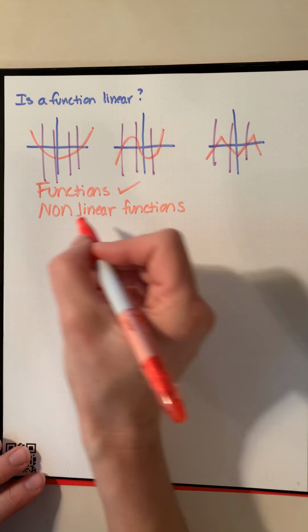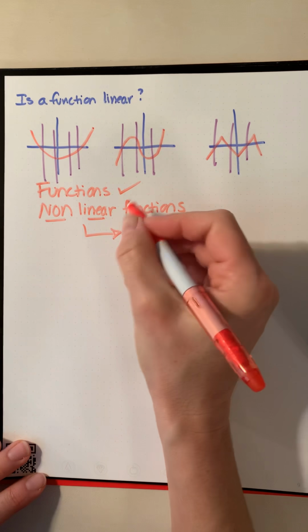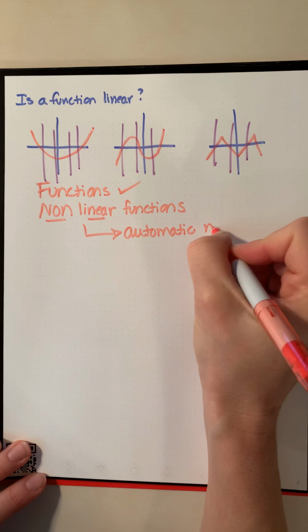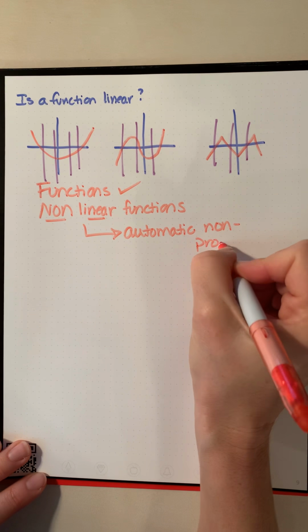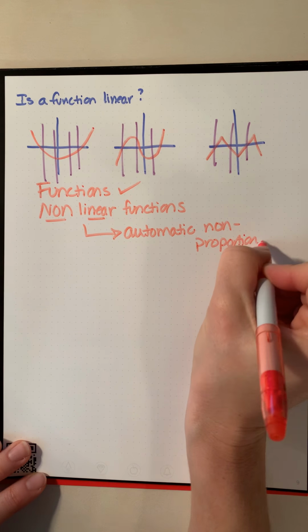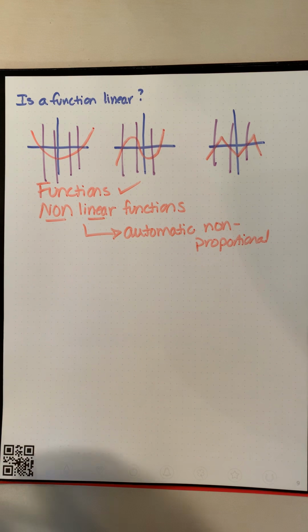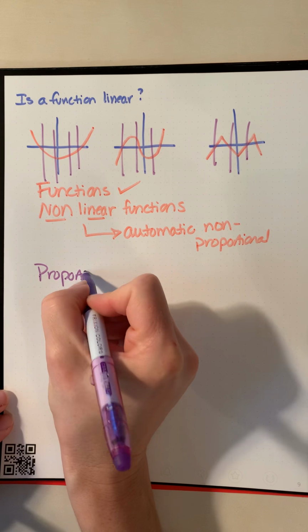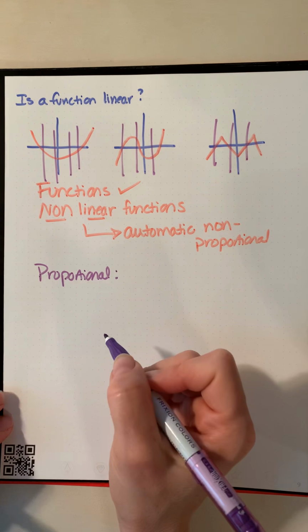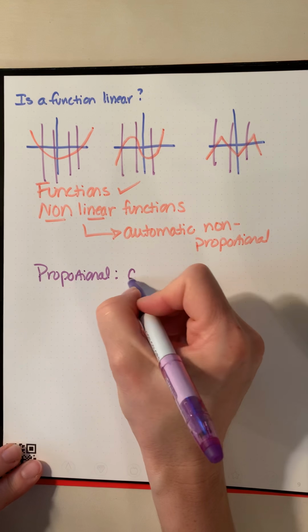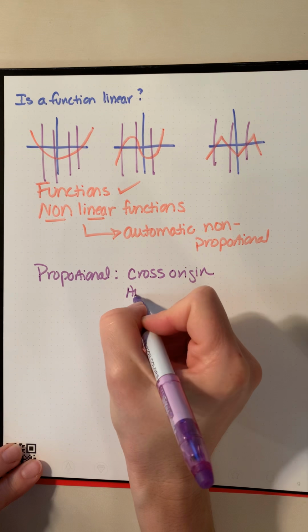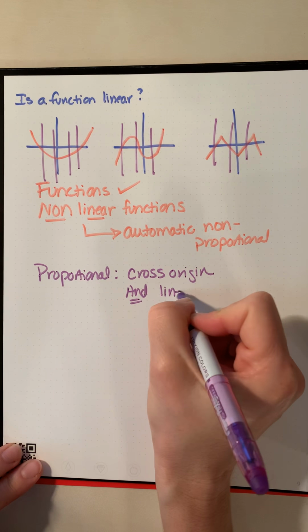Okay? But because they are non-linear, they are automatically non-proportional. All right? And that's a nice checklist thing to know. So in order for it to be proportional, we know that it must cross the origin and be linear.